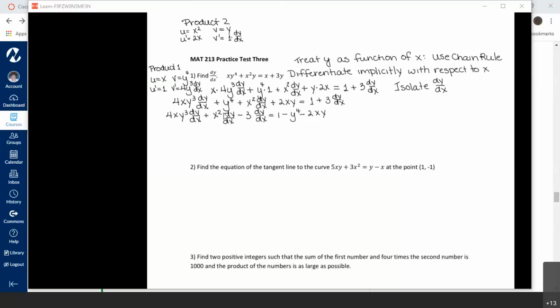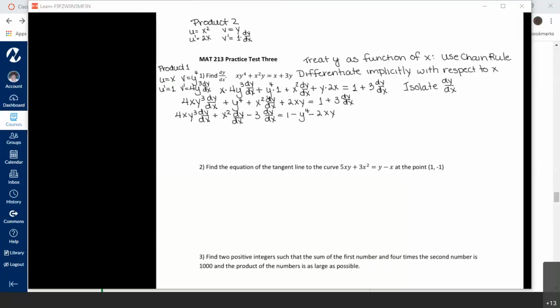Now I have all the terms with dy dx over here and all the terms without dy dx on the right-hand side. The next step is to factor out, which means divide out dy dx from all the terms on the left.